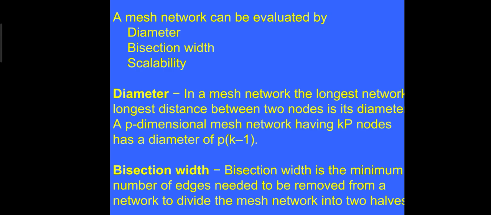Let us discuss what a diameter is. In a mesh network, the diameter is the longest distance between two nodes. We can define this such that a p-dimensional mesh network having k^p nodes has a diameter of p times (k minus 1).